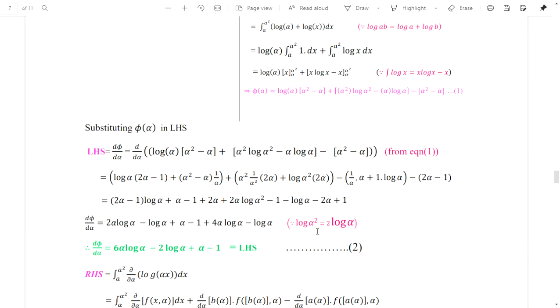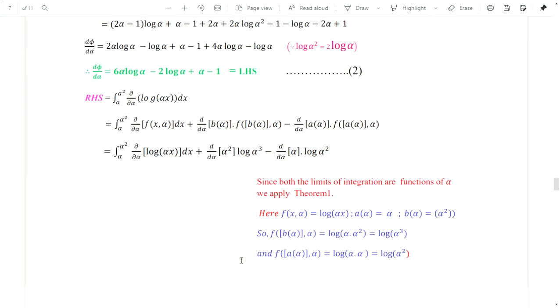Log of a to the power m is m log a. So 2α into 2 log α is nothing but 4α log α, and minus 1 plus 1 will get cancelled, and minus log α written as it is. Therefore, dφ/dα is equal to 6α log α − 2 log α + α − 1. This is our LHS value.